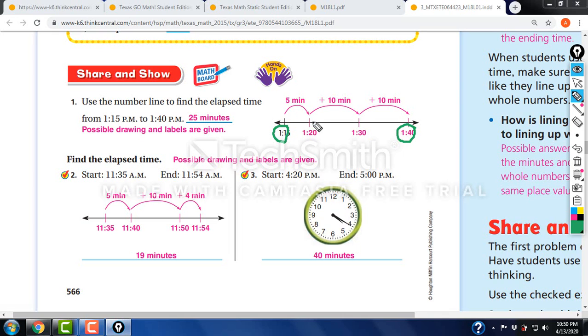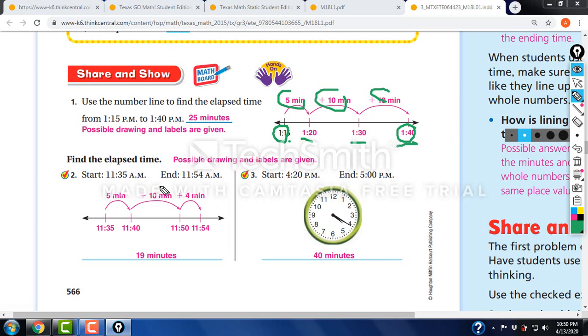So then from 20, another 10 to 30, another 10 to get to 40. Start, ending. The key is to jump from the 15 to the 20, and that's only a jump of 5. And then count by tens. 20 by 5s, then 30, and then 40.